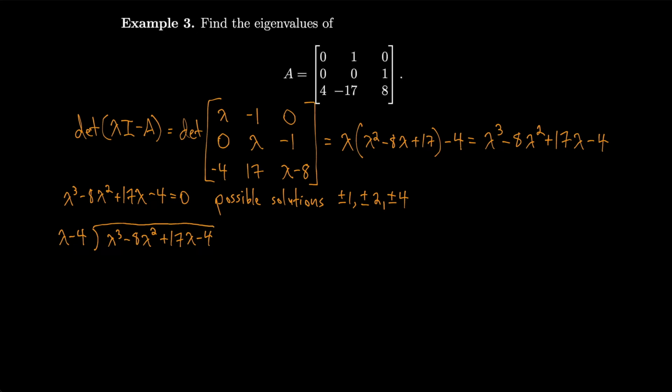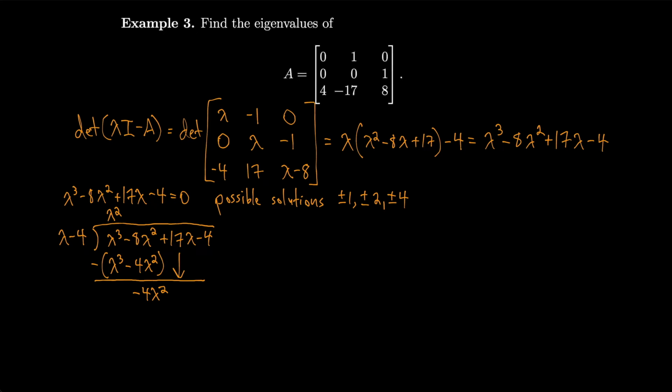Okay, so lambda fits in lambda cubed lambda squared times. Multiplying that, I get lambda cubed minus 4 lambda squared. Remember, I'm taking lambda squared times lambda minus 4: divide, multiply, subtract, bring down. I'll subtract that, and I will get minus 4 lambda squared; lambda cubed cancels.